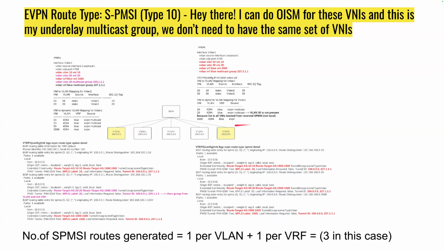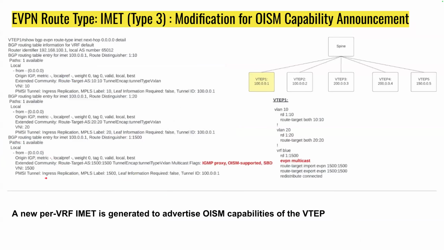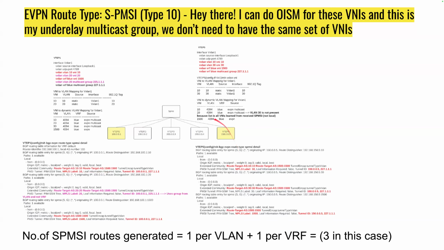So when VTEP5 receives this SPMSI and the IMET that we saw previously, which has the functionalities announced, OSM and SBD, looking at those two routes, it will create this mapping.